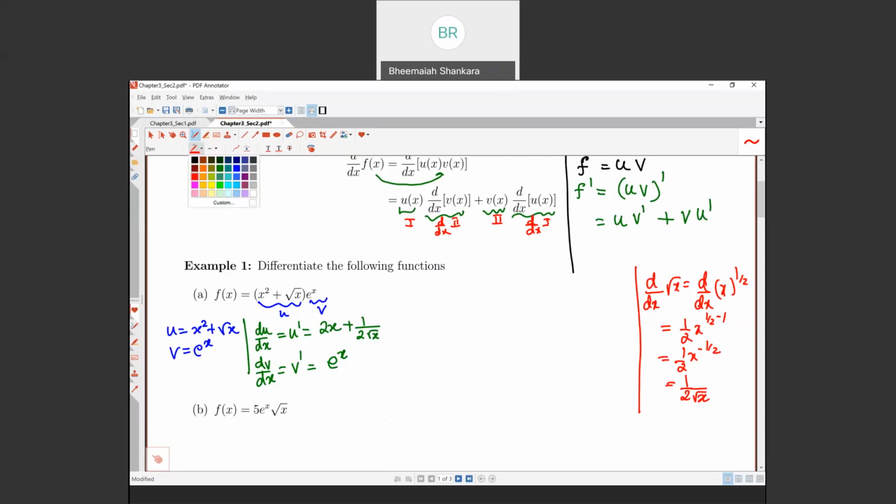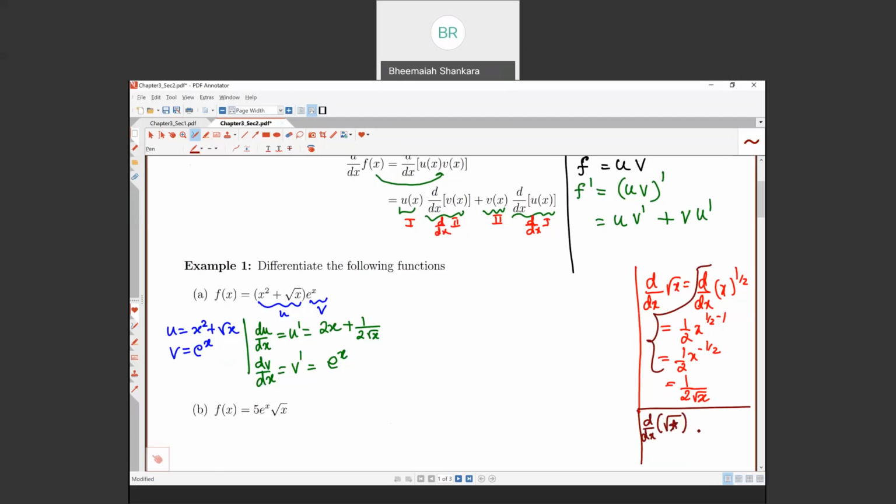So we started with deriving a root x function and all we have is 1 over 2 times the same root x function. So I want you to remember this in words so that you can avoid all these calculations whenever you see a square root function differentiation. Differentiation of any square root function, I'm going to name it as a star.